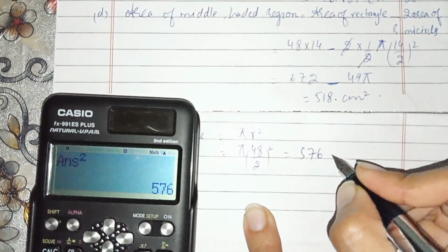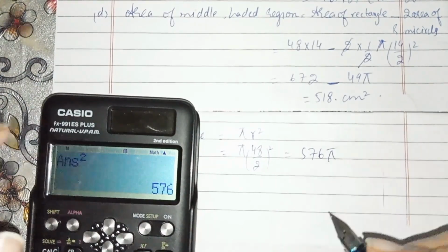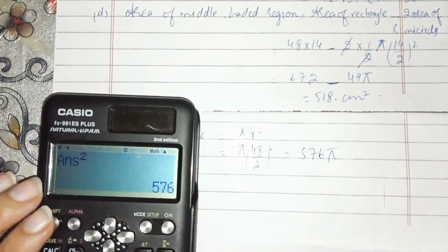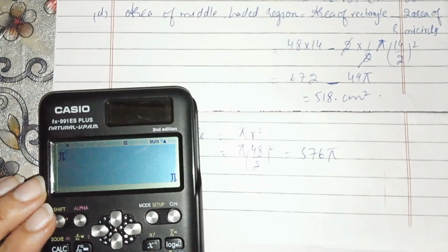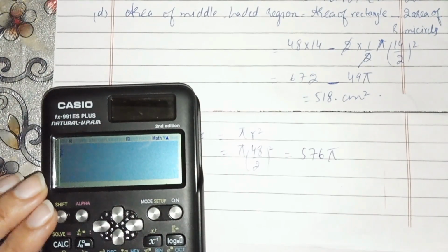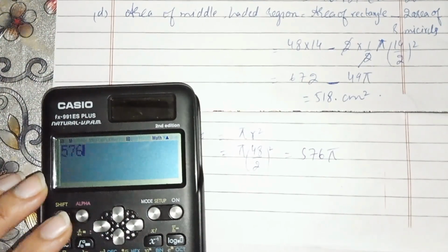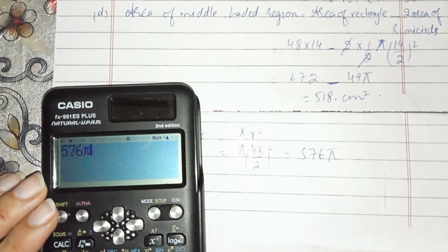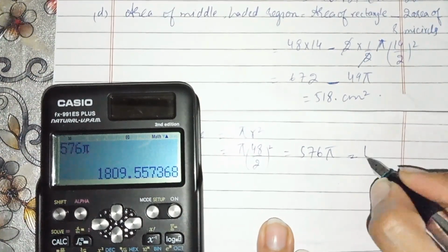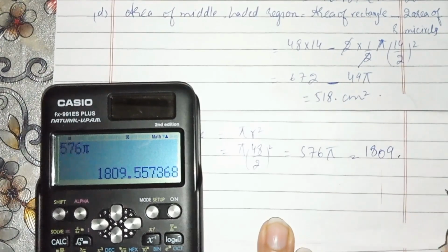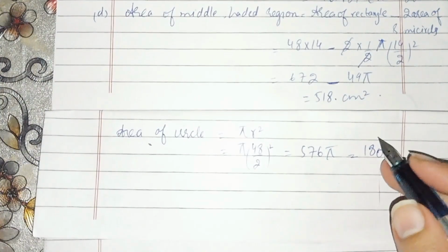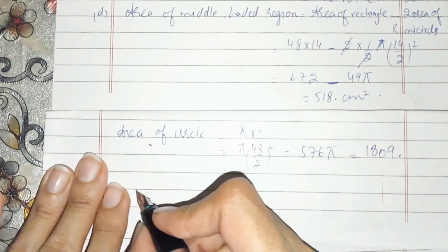We get 576 pi. Multiplied by pi, 576 multiplied by pi, we get 1809. Now we have to add these both areas.